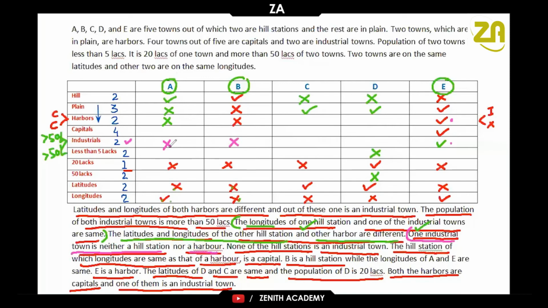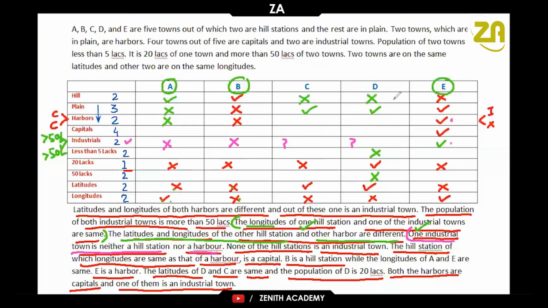Because if A and E are industrial, in that condition, A and E are hill, which is not required. One industrial town is neither hill. It means the second industrial town you are looking for cannot be among A and E, correct? Okay, so means either this one or this one is going to be industrial, correct?